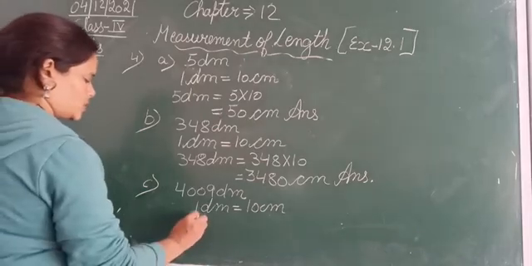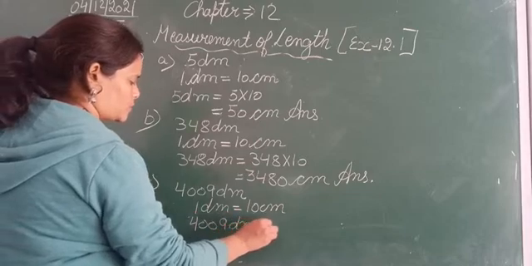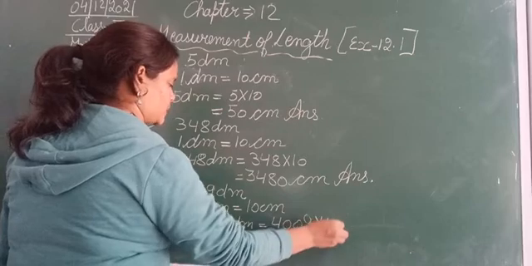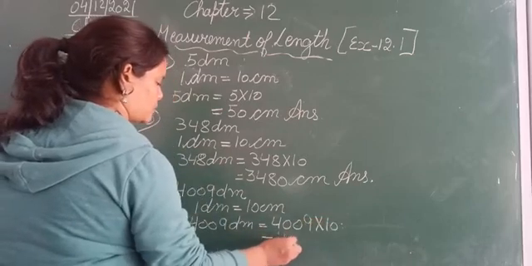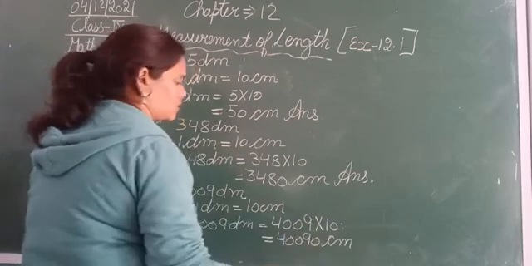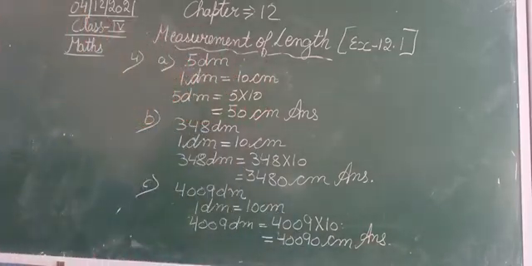So 4009 decimeter will be equal to 4009 into 10, that is 40,090 centimeter. This is the solution for the A, B and the C part of question number 4. You can pause it here and note it down in your notebooks.